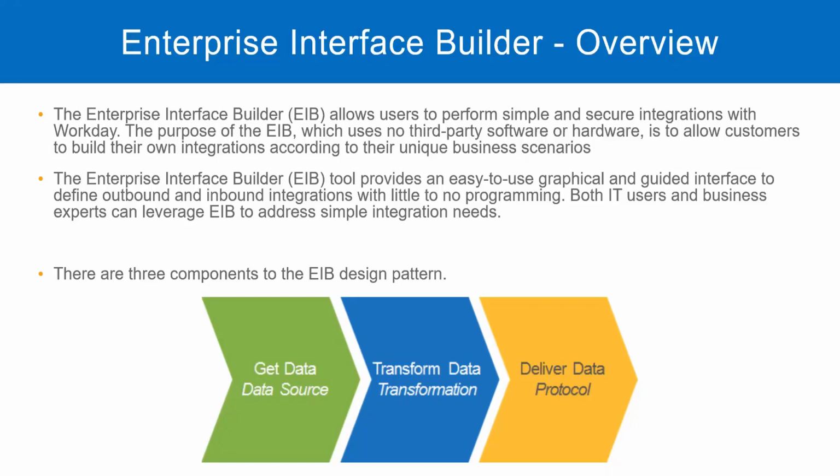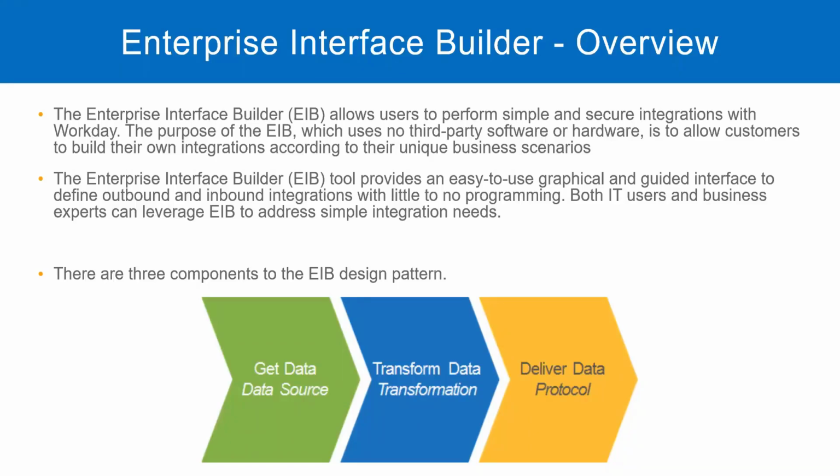So any integration will have 3 things. First, we have to get the data from somewhere, isn't it? Some of you said, we will Google the data. Absolutely. So you can get the data from somewhere.